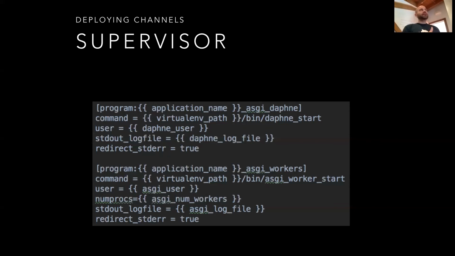I think it's analogous to having Unicorn workers, or if you were to run Celery, you would have the Celery workers as well. You have to set up both of these, and again there was a lot of trial and error around deploying and getting this set up on a staging server with the right configuration. There also weren't as many examples that I could find of people hosting this and actually running it in production. So this is another place where we got tripped up, but it's been working.